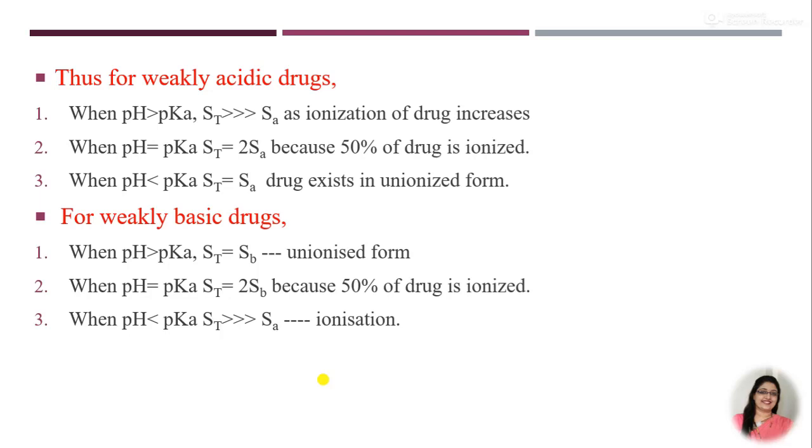When pH is equal to pKa, the total solubility is equal to twice the solubility of the weak acid because 50% of the drug is ionized. And when pH is smaller than pKa, total solubility is equal to the solubility of the drug in the unionized form.